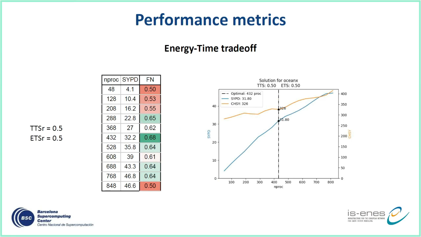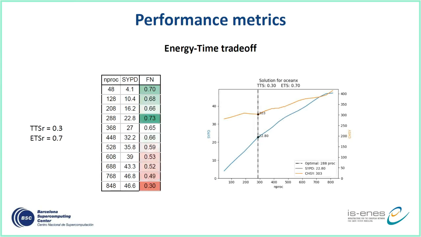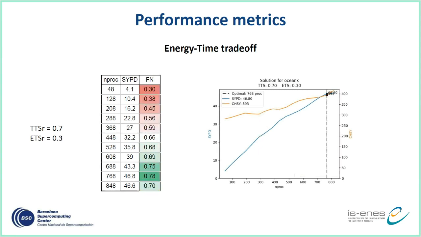That means we want to prioritize as much the speed as the energy. And you have a value between 0 and 1 that tells you what is the point which is optimal under that weight. So, for instance, that should be 432 processors, but you can change these weights, and now you can have a more energy to solution oriented setup, or you could do the same, but for a more time to solution oriented.